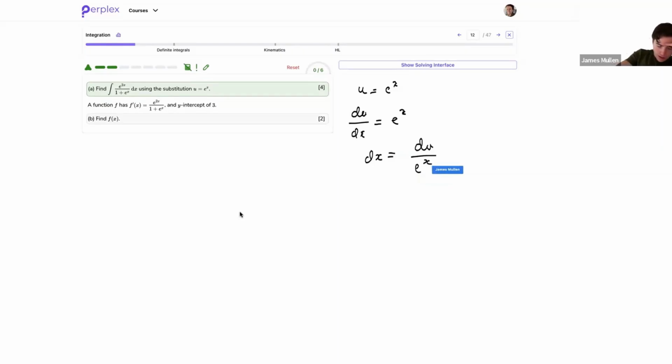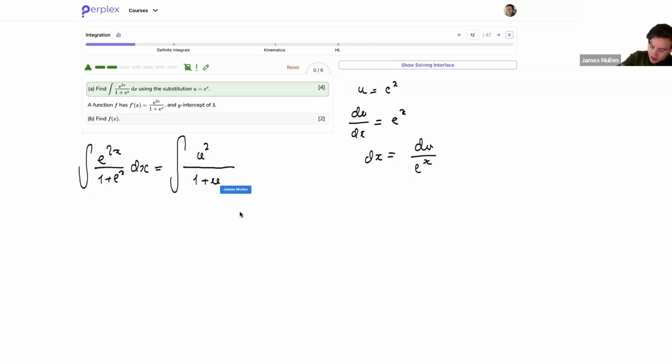Now my integral, the integral of e to the 2x over 1 plus e to the x dx, I can now rewrite as the integral of u squared, because that's e to the 2x, over 1 plus u, times, and remember, since e to the x is u, this is du over u. I replace that for dx, and then I have the integral of u over 1 plus u du.